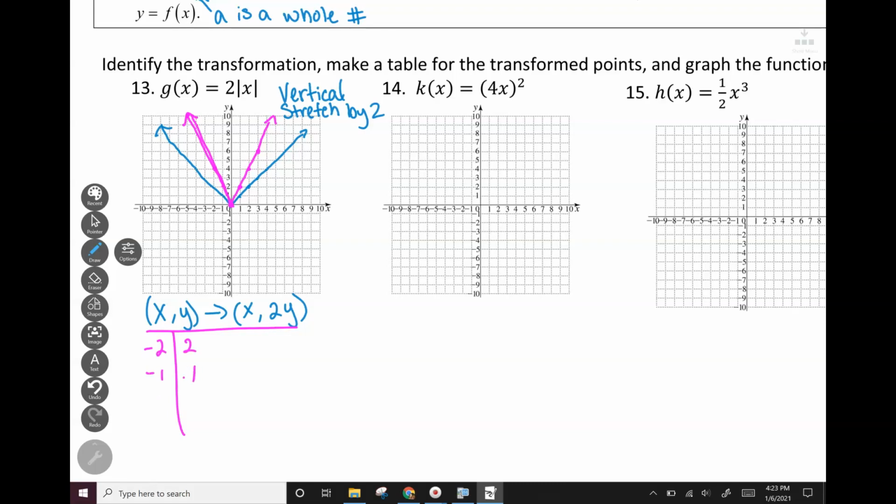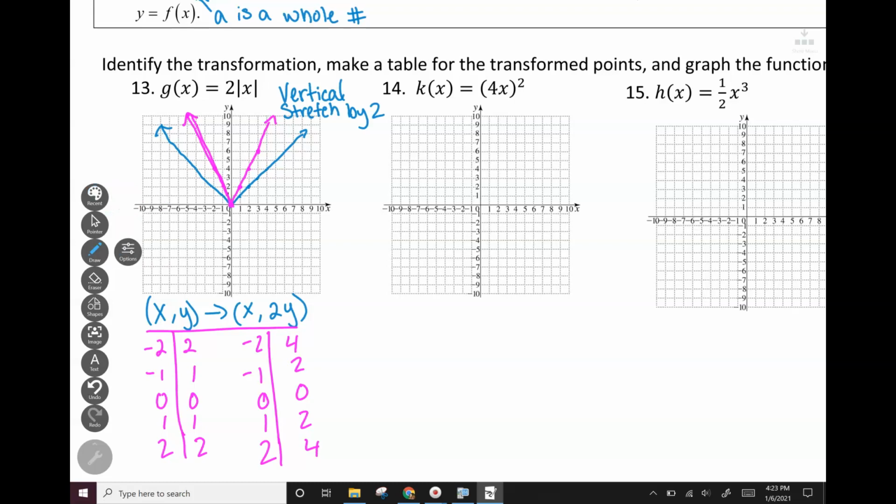Remember, each y value is just the absolute value of the x value. And then for the transform point, I'm taking the y value and multiplying it by 2. So the x value stays the same. The y values get multiplied by 2. So if you can't graph that just by looking at the graph, you can always just draw some tables out and then plot those points.